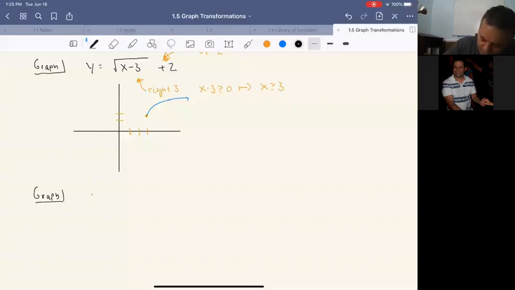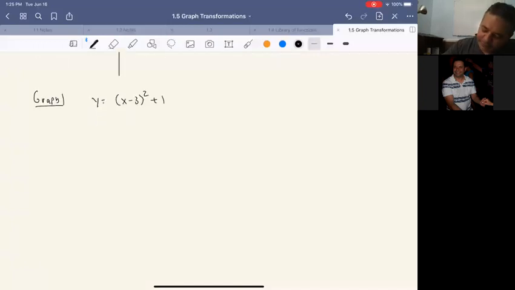Let's take y equals x minus 3 squared plus 1. Okay? You know what, let's change that. Let's take that to be x plus 4 squared plus 1. Just to make things interesting.